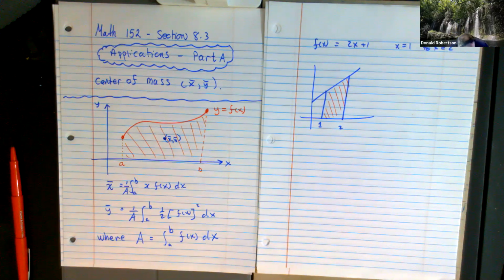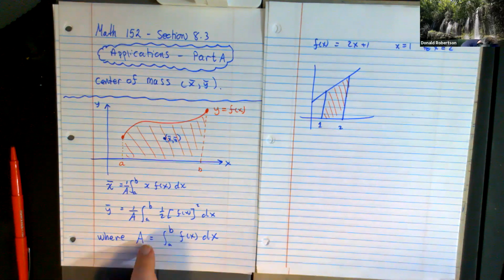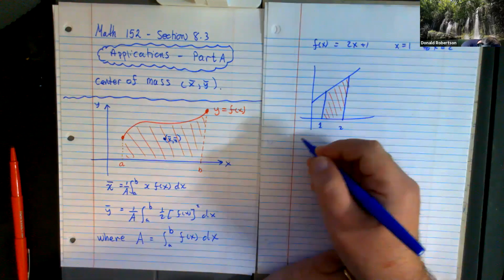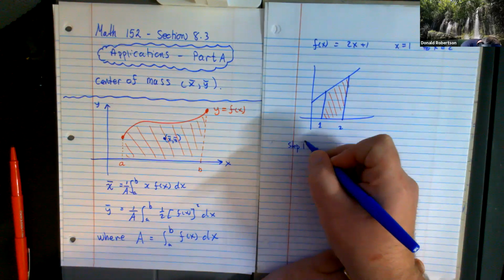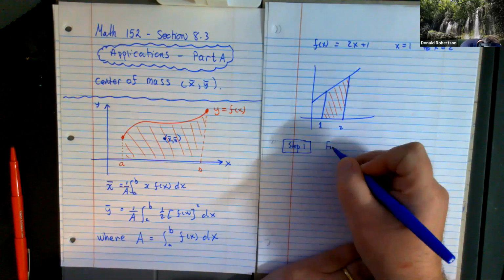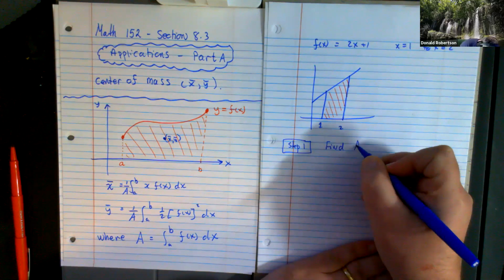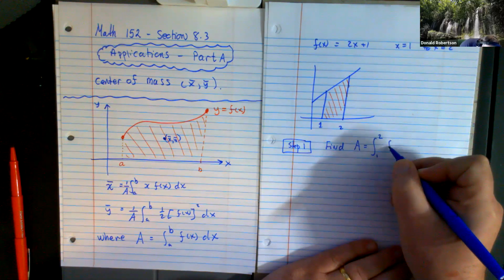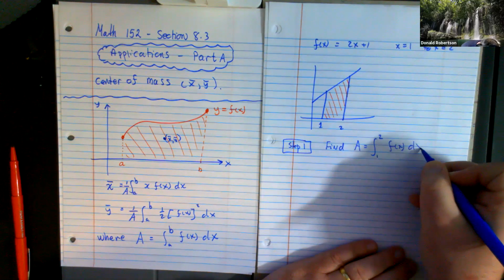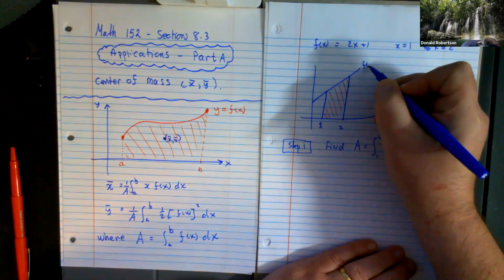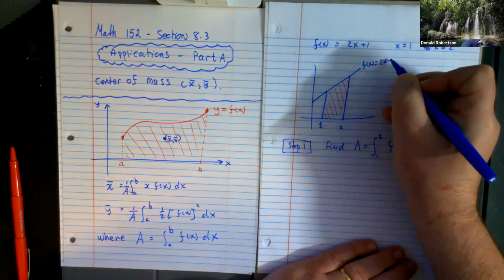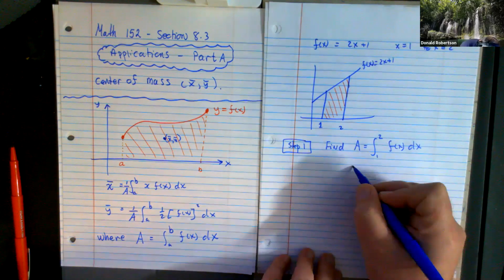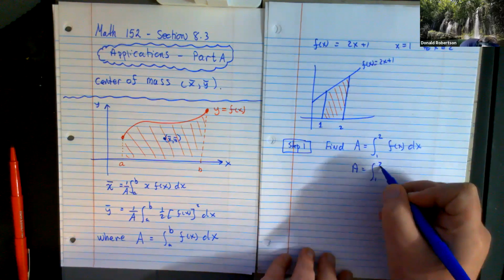So how do you tackle it? Actually, the first thing you do, which I'm calling step 1, is you find the area under the curve, which is called A, which is the integral from 1 to 2 of the function. And in this case, the function we're talking about is that straight line. So it's going to be the integral from 1 to 2 of 2x plus 1.